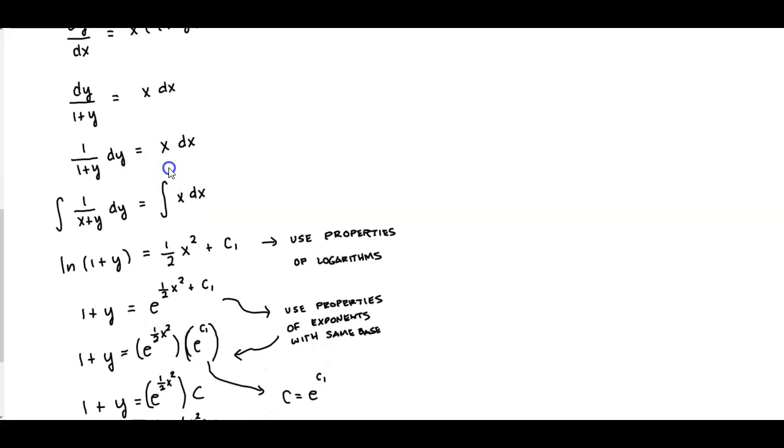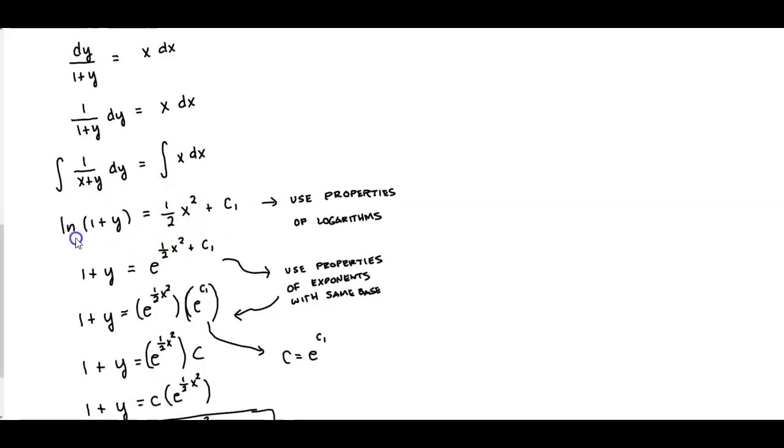Now that we've separated the variables, we're going to take the integral of both sides. So we're going to integrate 1 over 1 plus y dy, which is equal to the integral of x dx. So we're going to get the natural log of 1 plus y equals 1/2 x squared plus c1. Now in this step, we can use our properties of logarithms.